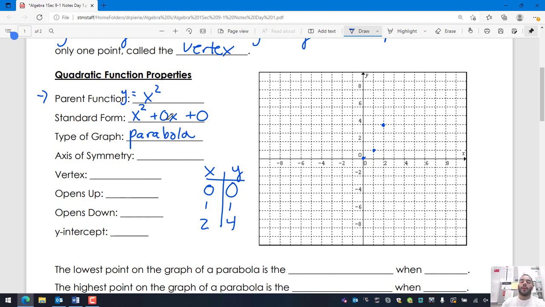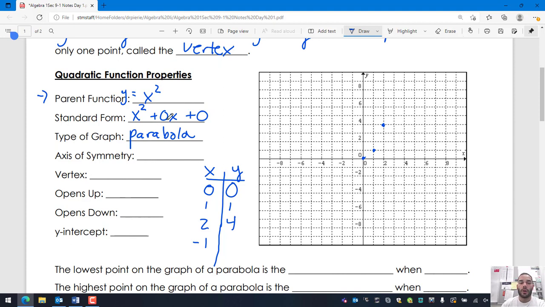Okay, so it's always a good idea to get some positive numbers, but we should probably get some numbers to the left of 0 as well. So what's the easiest negative number I could plug in here? In this case, it would probably be -1. Okay, if I plug in -1, what do I get back? If I have a -1 times a -1, a negative times a negative equals a positive.